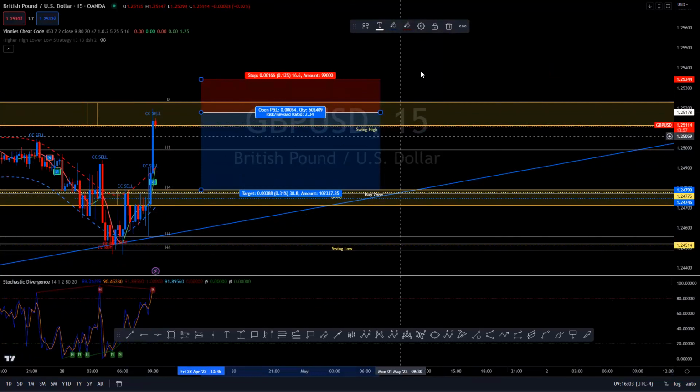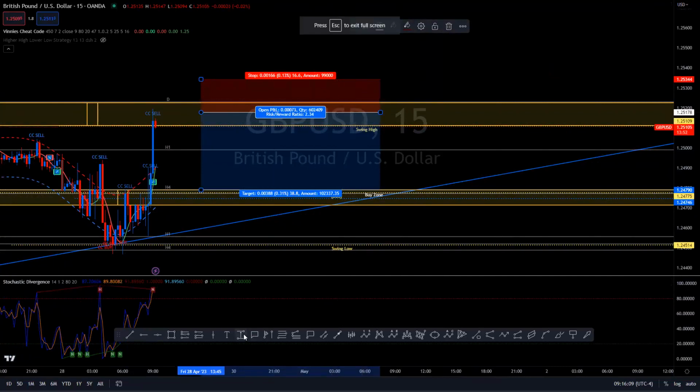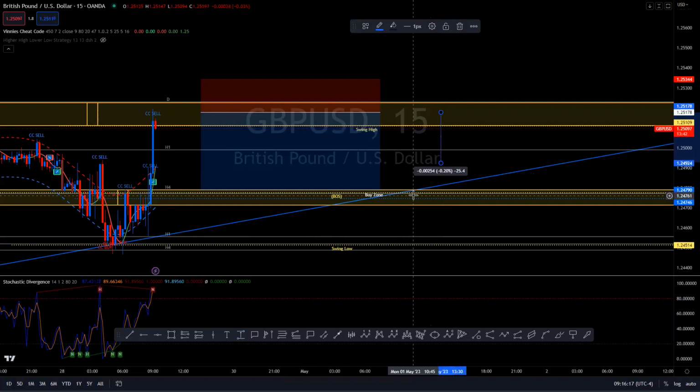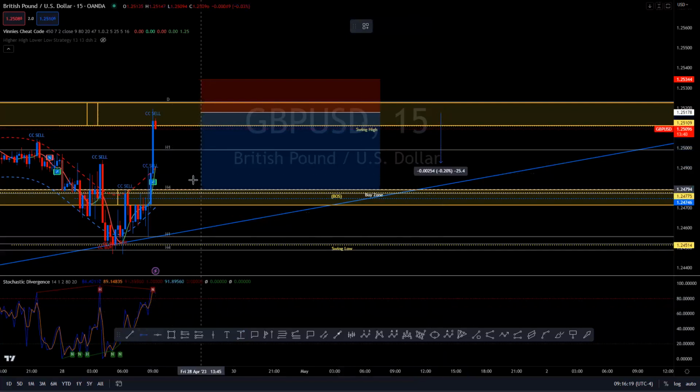So let me save this progress real quick. So then if price shoots up to this entry, try to get at least this dip here.